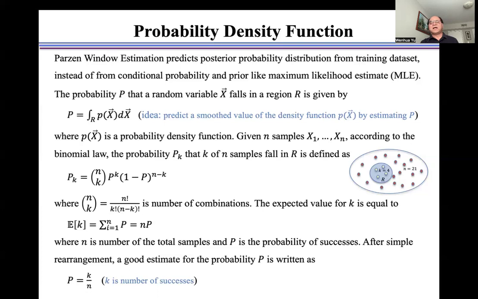The expected value for k is equal to n times p, where n is the number of total samples and p is the probability of success. After simple rearrangement, a good estimate for the probability p is k divided by n, where k is the number of successes.